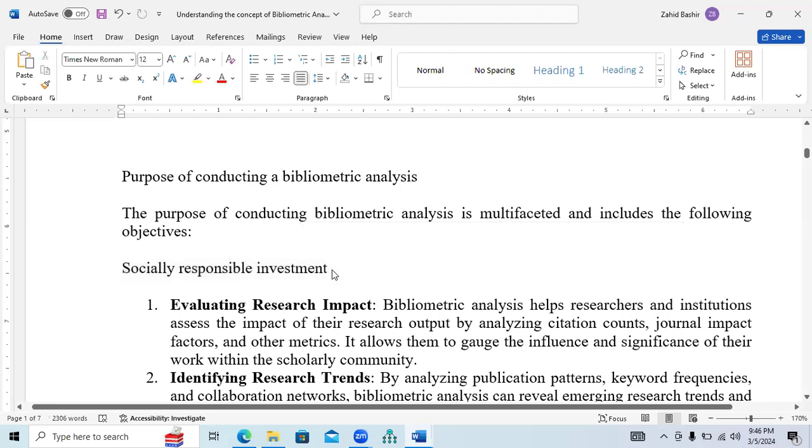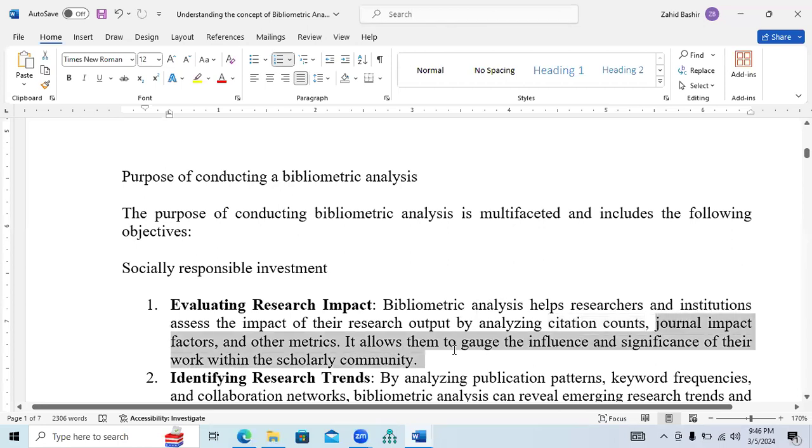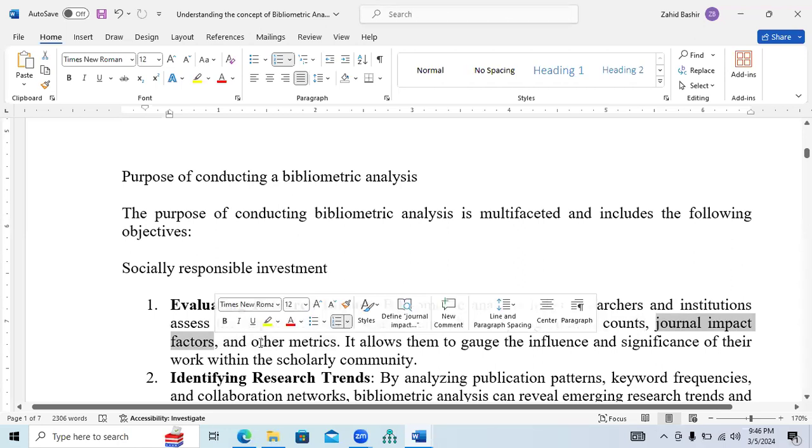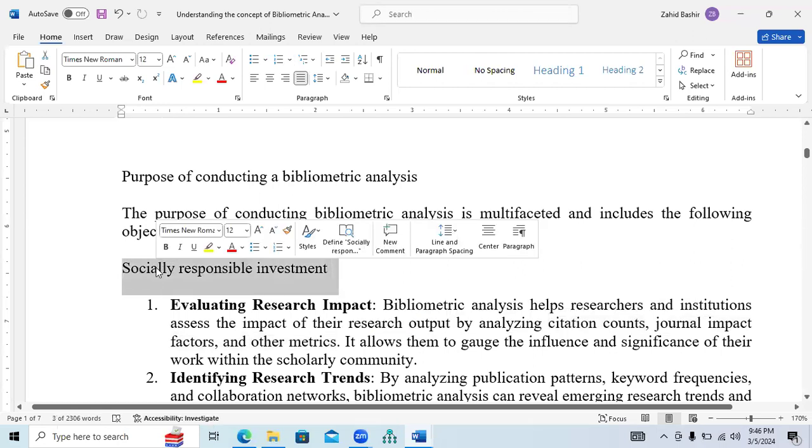But if the analysis indicates that the citation count is very low, the journals where this research is being held are not impactful, and other metrics are not significant either, it means this area is not worthwhile for me to do research in my PhD or MPhil.